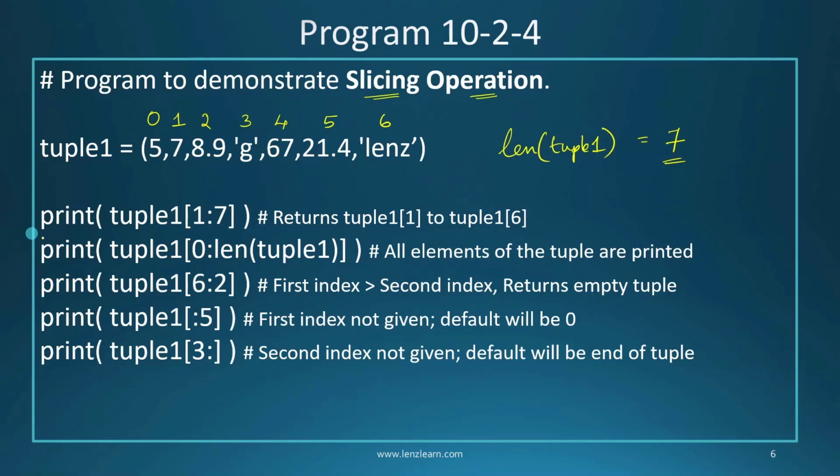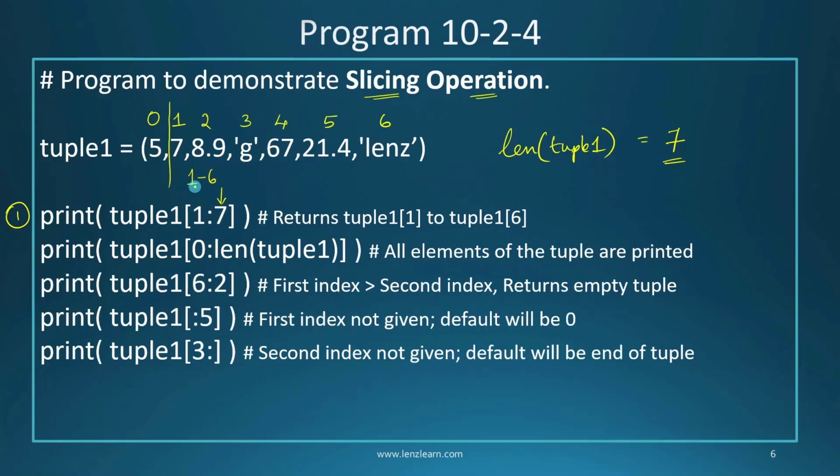So now let us see how the slicing operator creates the output based on this print statement. The first print statement will cut tuple 1 with index value 1 to 7. It will start cutting at index value 1, but the higher index, it will stop cutting one value before what you have written here. So if you write 7, it will actually cut from 1 to 6, not to 7.